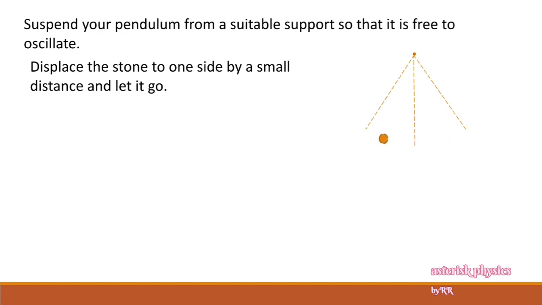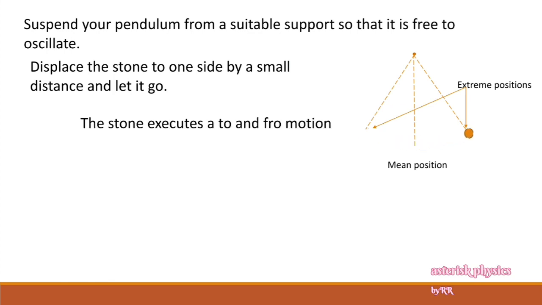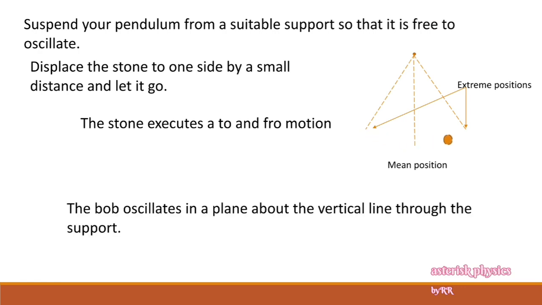It goes along the arc of a circle with center as the point of suspension and radius equal to the length of the simple pendulum. You can see the extreme positions and the mean position. So the bob makes a to and fro motion about the mean position. Hence the stone executes a to and fro motion and the bob oscillates in a plane about the vertical line through the support.